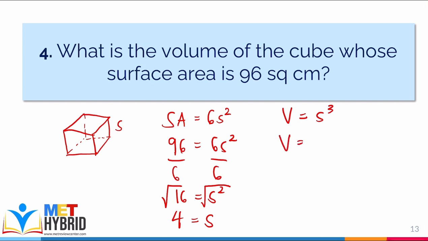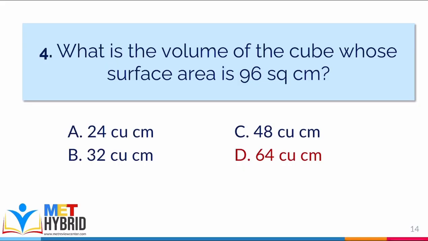The volume therefore is 4 cubed, or 4 times 4 times 4, which is 64. Hence, the answer is letter D, 64 cubic centimeters.